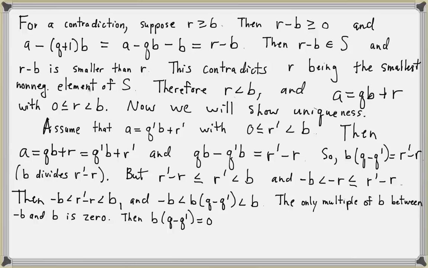Which implies, since B is positive, that Q minus Q prime equals 0, and therefore Q equals Q prime. If Q equals Q prime, then R prime minus R also equals 0.